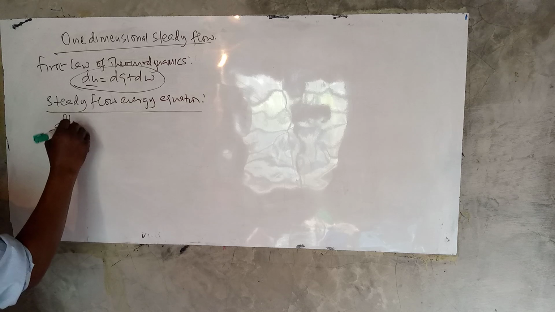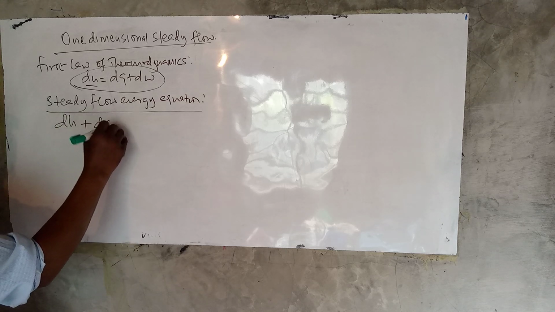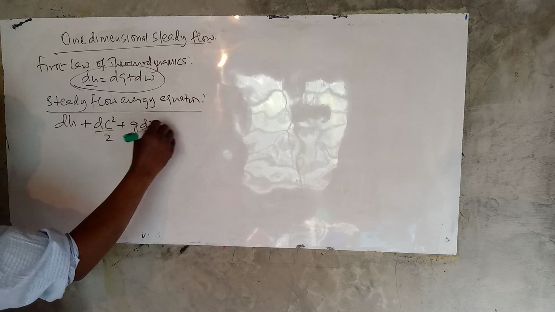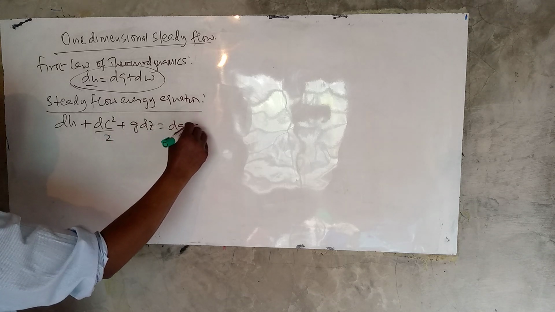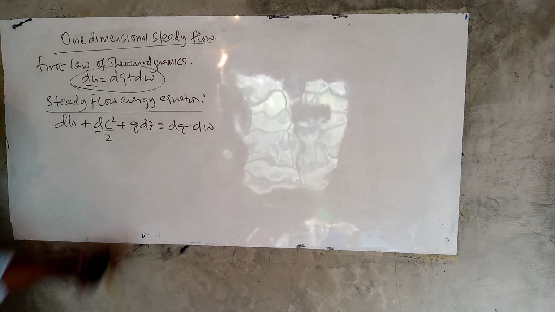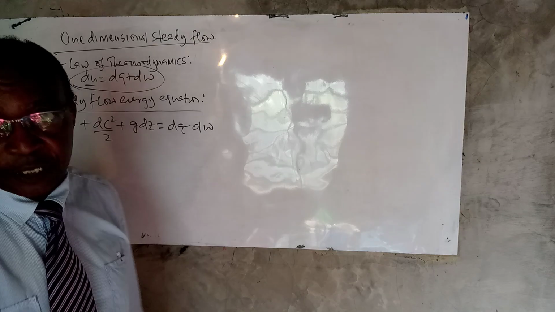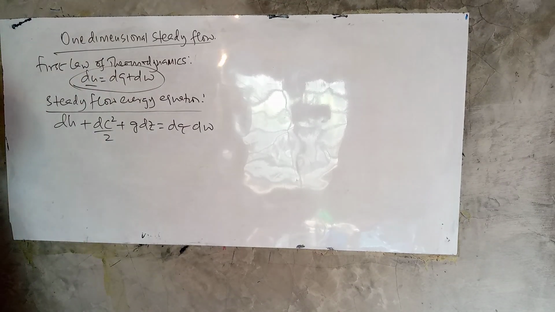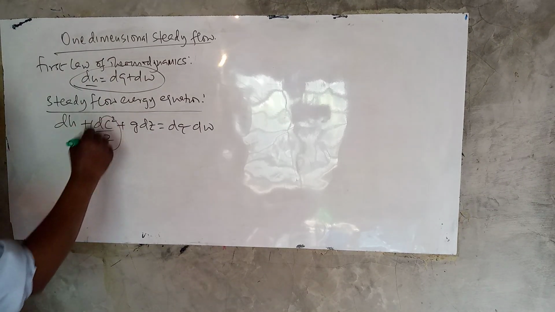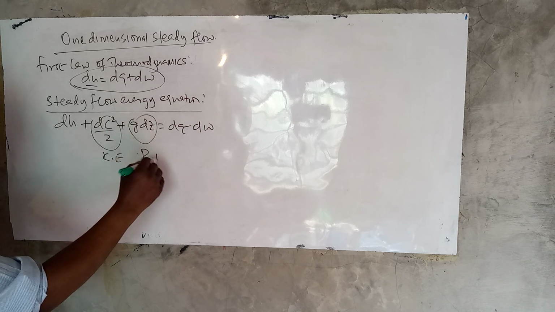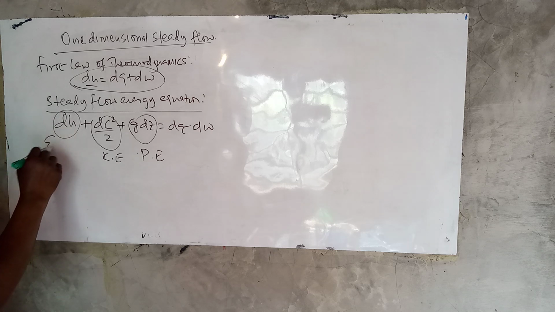which was the change in enthalpy, the change involving kinetic energy, and the change involving potential energy, and we say that was the same as dQ minus dW. That's the heat and work transfers across the walls of that open system. This expression here was for kinetic energy, this expression is for potential energy, and of course that is to do with enthalpy.